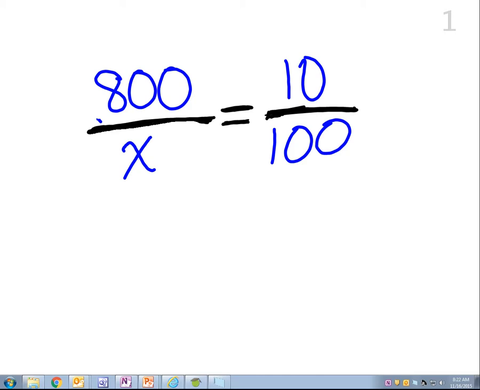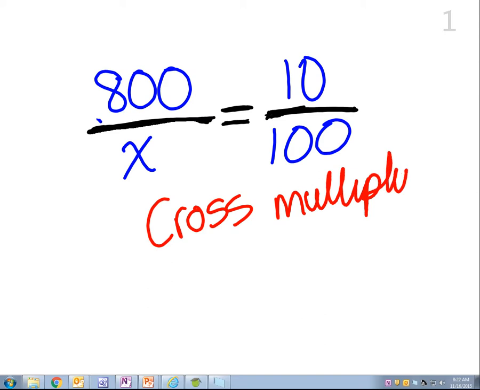Do you see how this is an equivalent ratio of what we have on that page? See how we have 800 over something? So here's what you are going to do. You are going to cross multiply. You are going to multiply across those two.